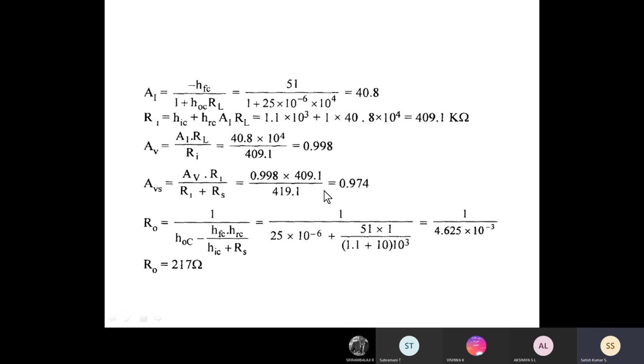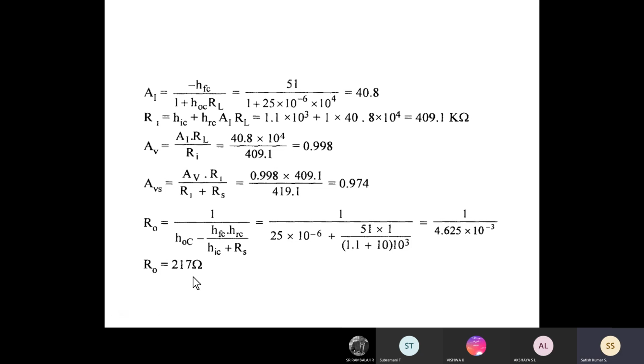Substituting, H naught is 25 microampere per volt, plus the product of forward and reverse, 51 into 1, divided by the input 1.1 times 10 to the power of 3 plus 10 kilo ohm. RS is 10 kilo ohm, so we take 10 to the power of 3 common. So you'll get 1.1 plus 10 times 10 to the power of 3, and finally your output resistance is 217 ohm.